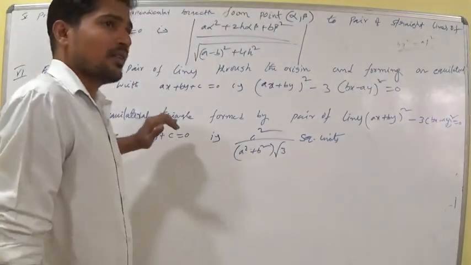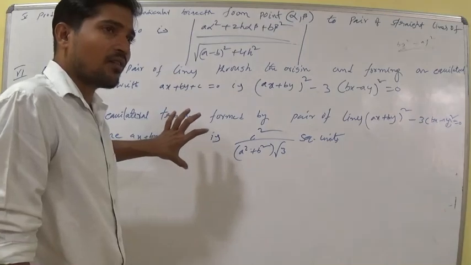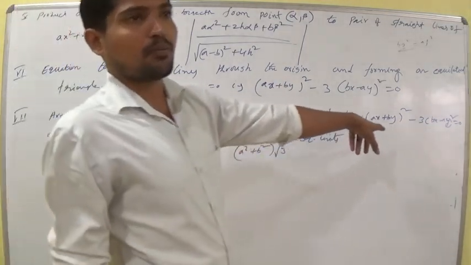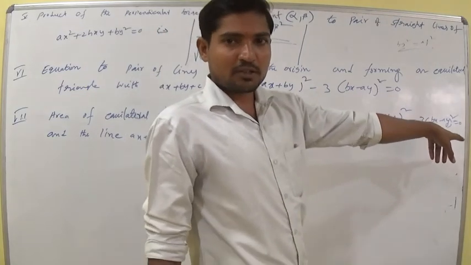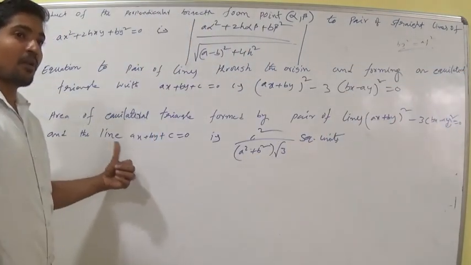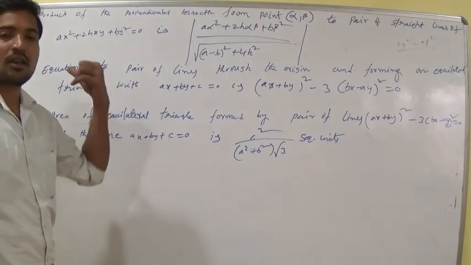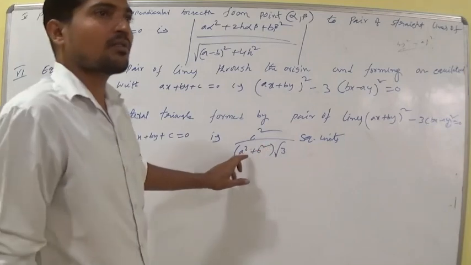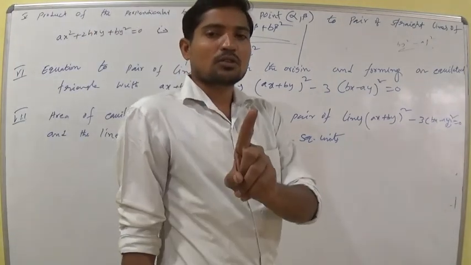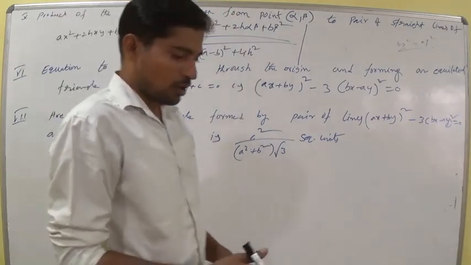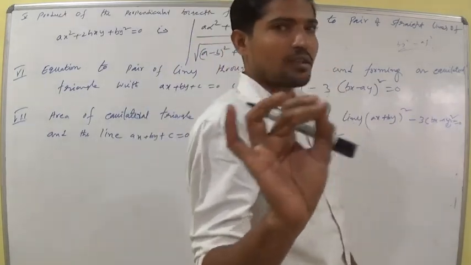And the area of the equilateral triangle with the pair of lines and the line ax plus by plus c equal to 0 is c square by (a square plus b square) into root 3 square units. These are the formulae we discussed in this concept.